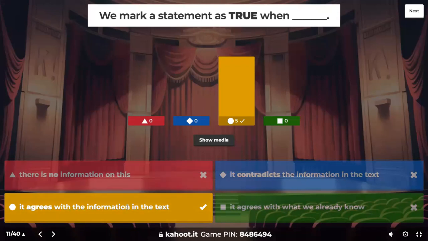So you should always base your answer on the text, not on what you already know. If something is clearly stated, and I repeat, clearly stated in the paragraph or in the text, you should go for it. If something is not stated, you should never go for it.